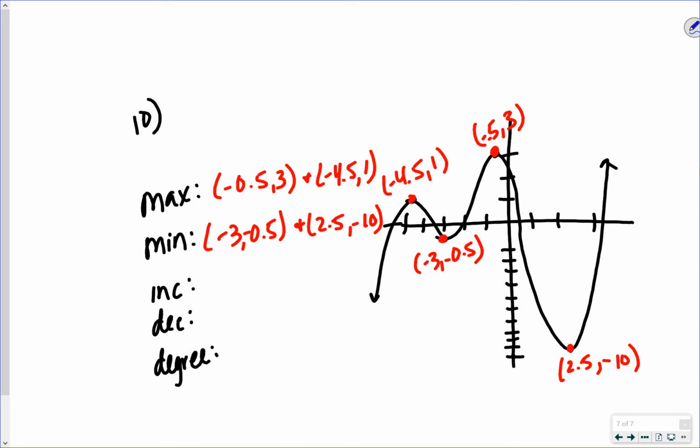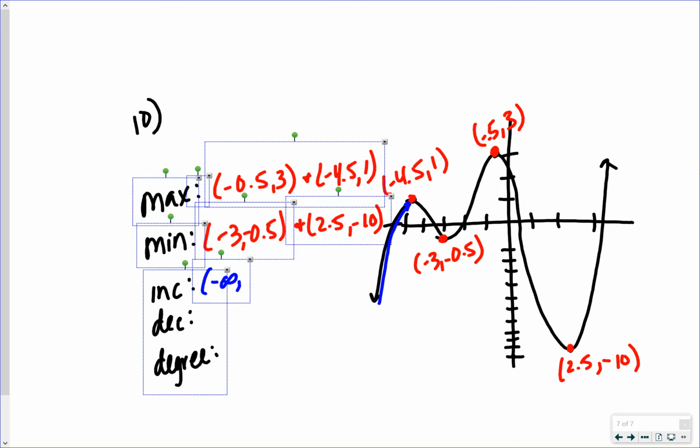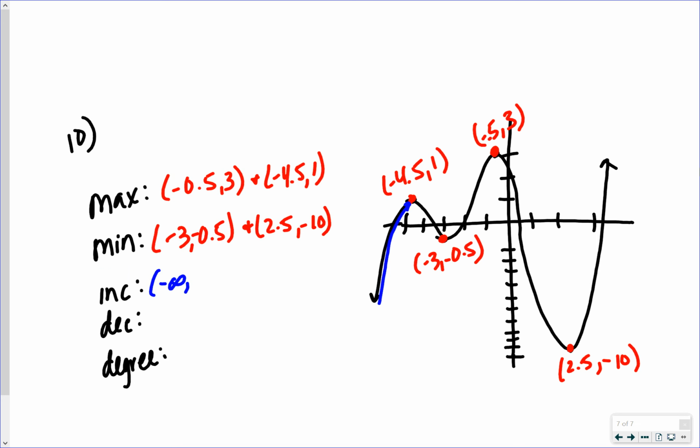Increase and decrease, that's going up and going down. Okay, I'm starting on the left and I'm going this way. This is going up, it is an increase from -infinity until that value, which was -4.5. Again, these are x numbers. Everything is in terms of the x. So from -infinity to -4.5, I go up.